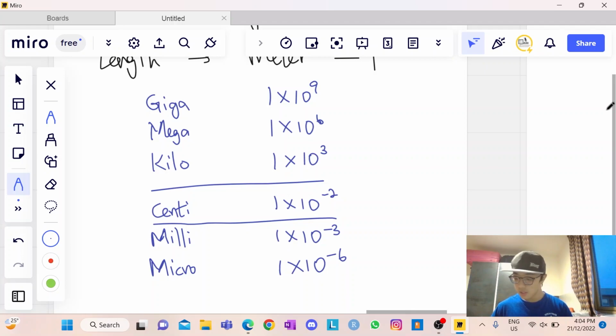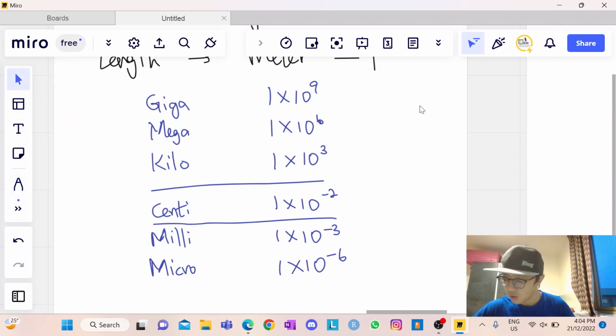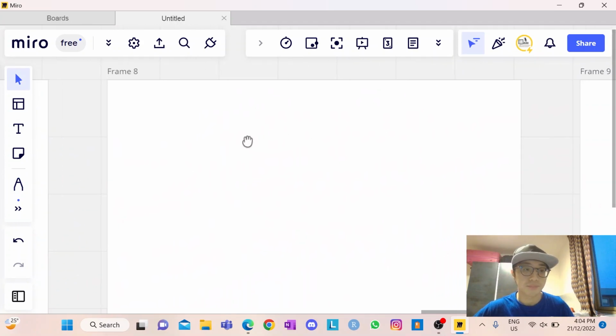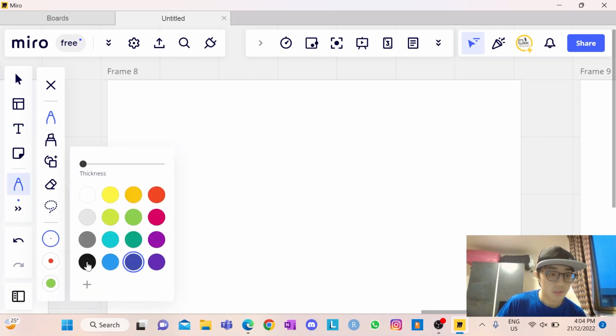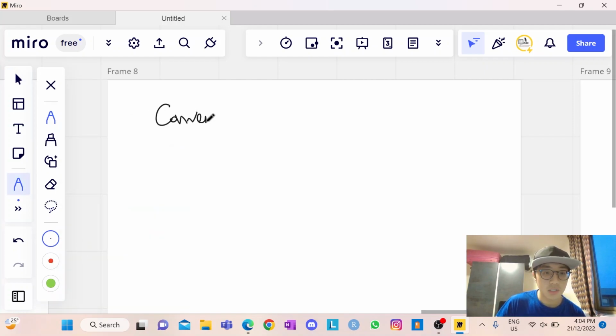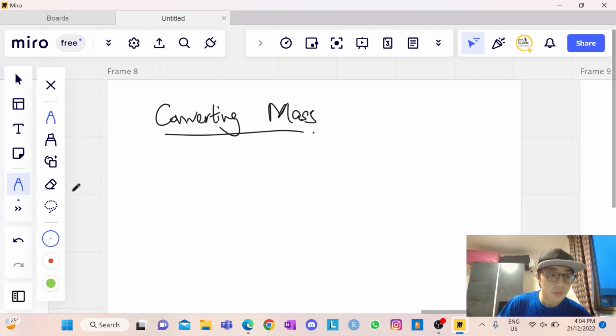But first, before jumping into length, we are going to try mass. So how do you convert mass? Let's write: converting mass. The first example, I can only show you how to convert through examples.